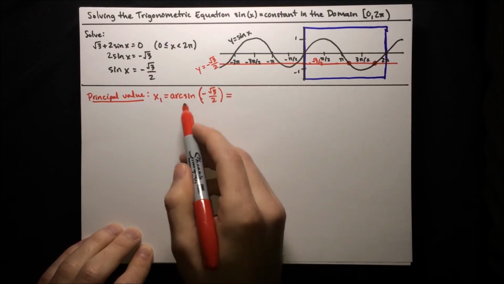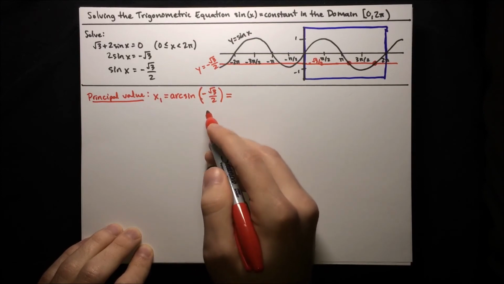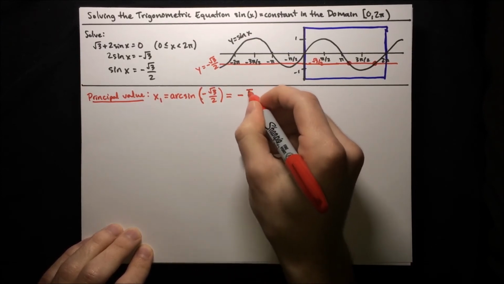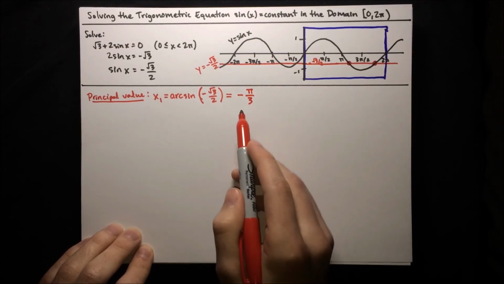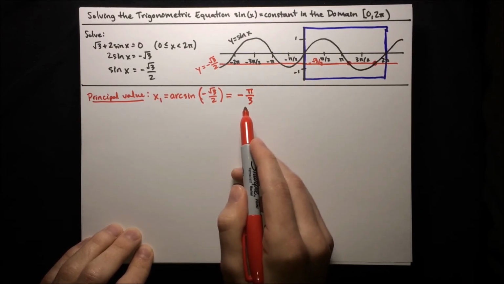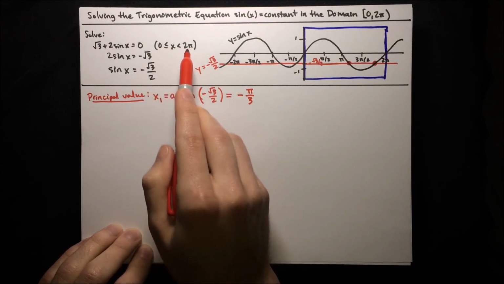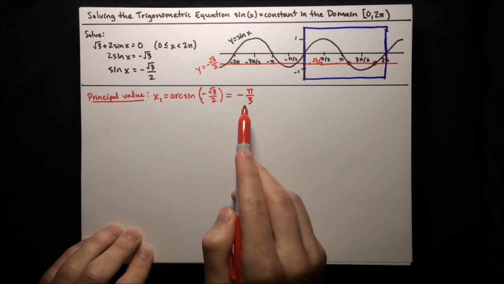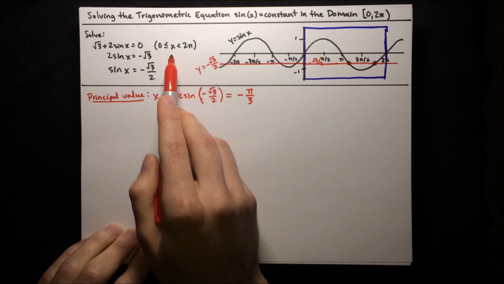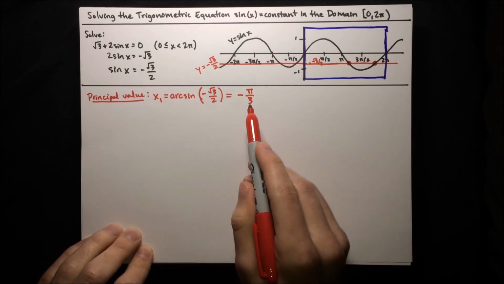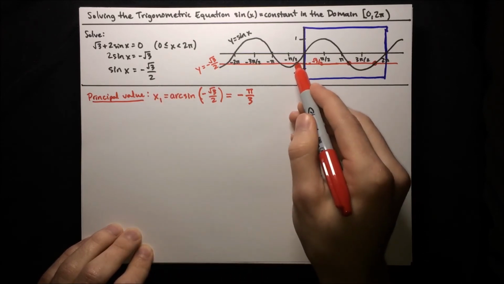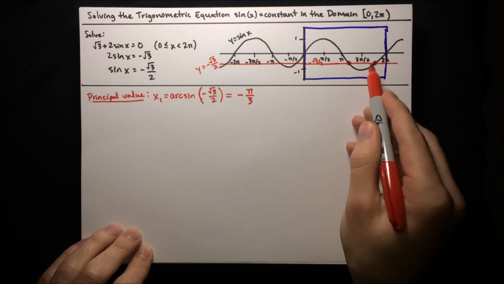But hold on, we take arcsine of negative root 3 over 2 and we get negative pi over 3. Now this looks a little different. Usually the arcsine would just come out to an answer that is between 0 and 2 pi. But now this answer isn't even in the domain that we wanted. So what do we do here? This answer is actually this point right here, but we just want these 2 points.